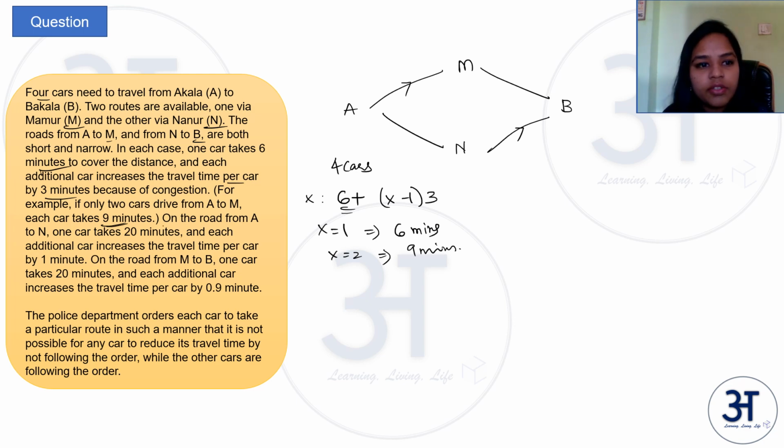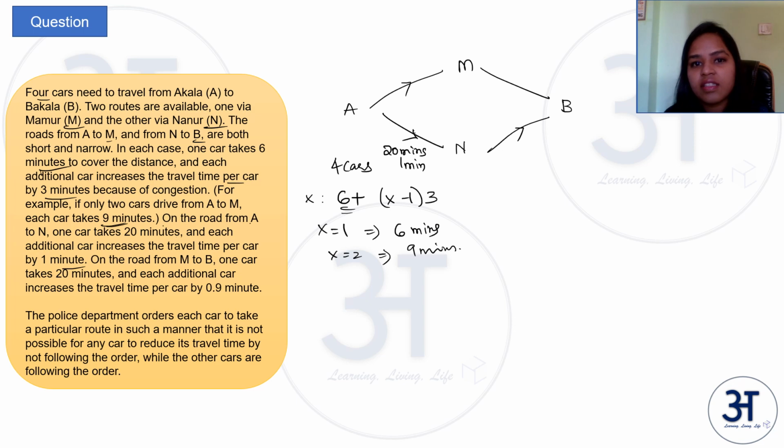On the road from A to N, one car takes 20 minutes and each additional car increases the travel time per car by 1 minute. On the road from A to N, so we are talking about this route. On this route, it is 20 minutes for one car and each additional car takes 1 minute.